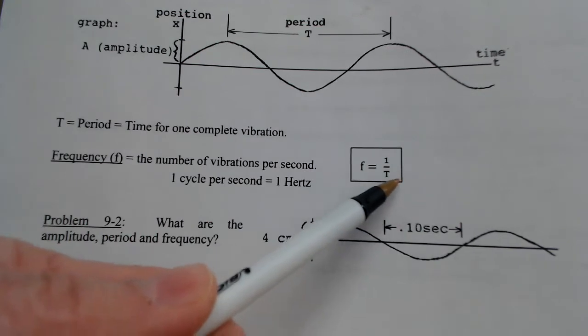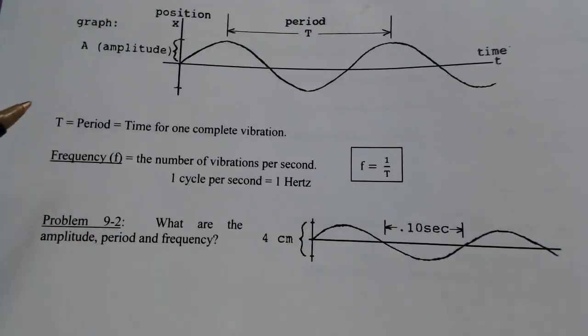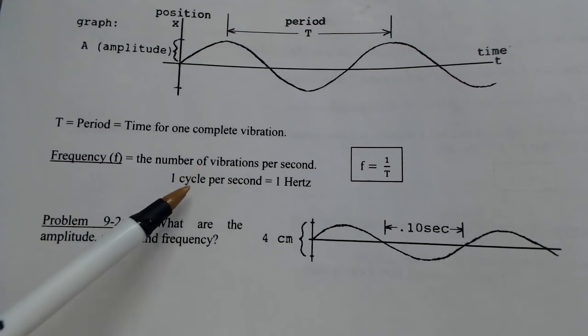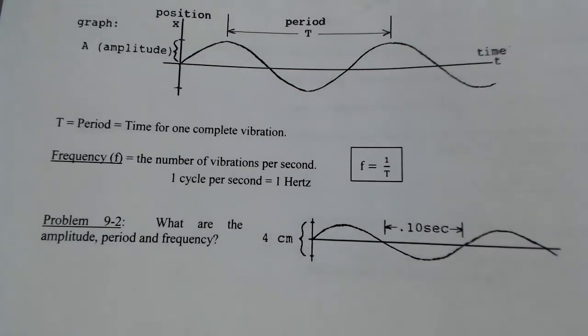So F equals 1 over T, T equals 1 over F. Frequency, as I mentioned a moment ago, is measured in cycles per second. This is given a name of its own. It's called a hertz, after Heinrich Hertz, who discovered radio waves about 150 years ago. A little bit of practice with these definitions that I just introduced.